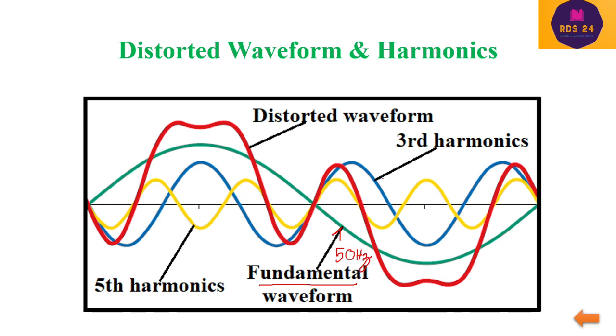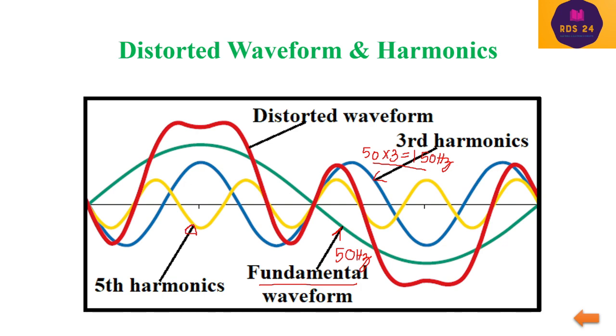The blue color waveform is our third harmonic, that means fundamental 50 into 3, that means 150 Hertz is the frequency of this blue waveform. Then the fifth harmonic is also shown here.